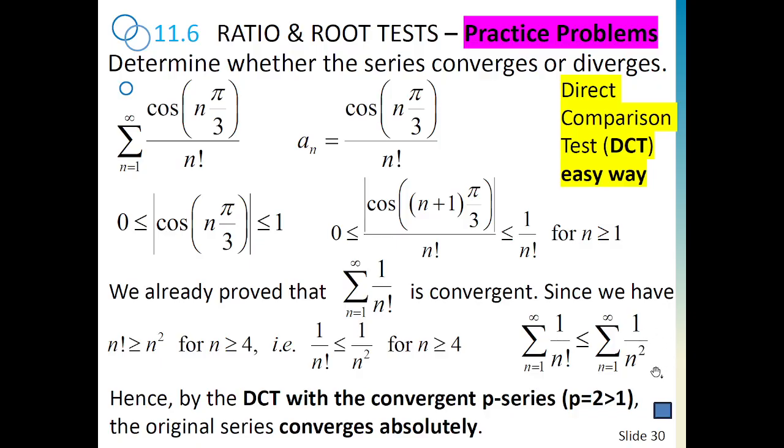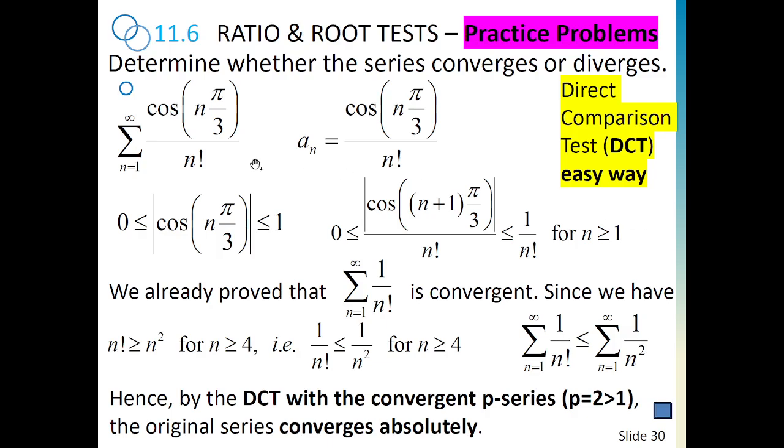That series is a p-series with p equal to 2, so this one is convergent. Therefore by direct comparison the series with absolute values here is convergent, therefore the original series is absolutely convergent. So it's much easier, simpler and more straightforward to use direct comparison here in this case and the absolute convergence test.